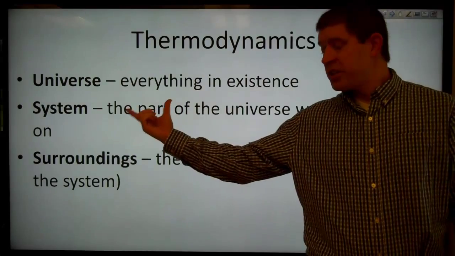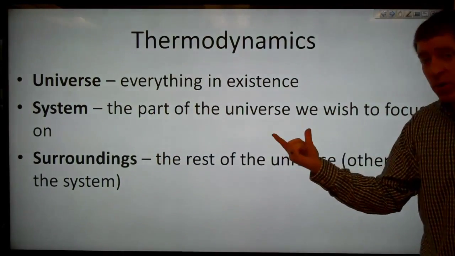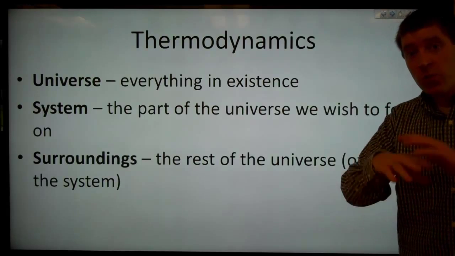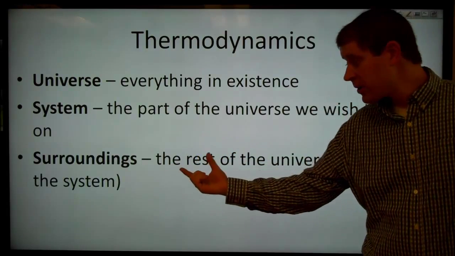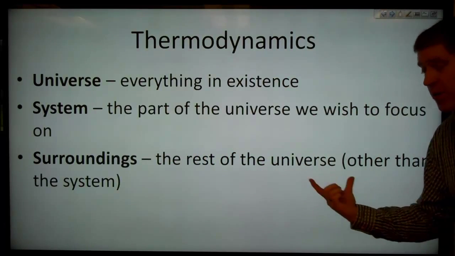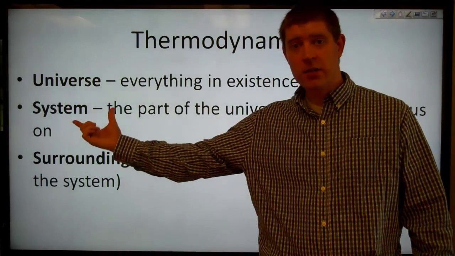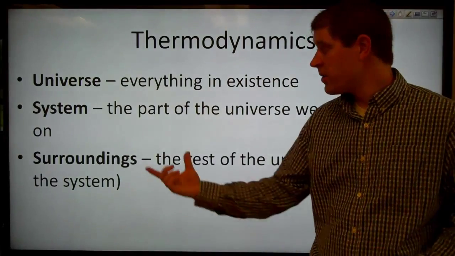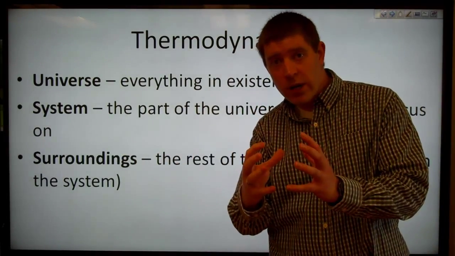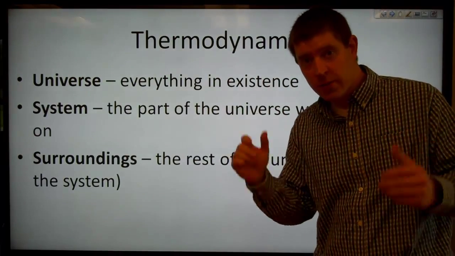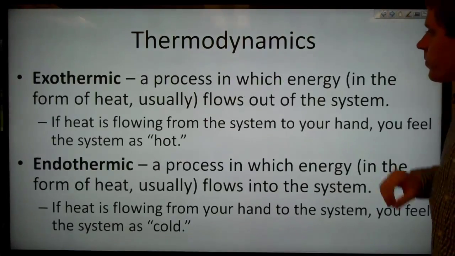The system is that part of the universe that we wish to focus on, the part that we're interested in looking at. And the rest of it is what we call the surroundings. So the rest of the universe, other than the system. So the system plus the surroundings has to give us the whole universe. Because if the system is the stuff that we're looking at and the surroundings are everything else, then the system plus the surroundings has to be equal to the whole universe.